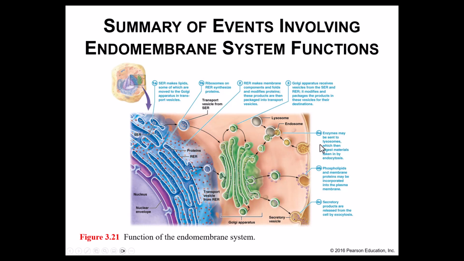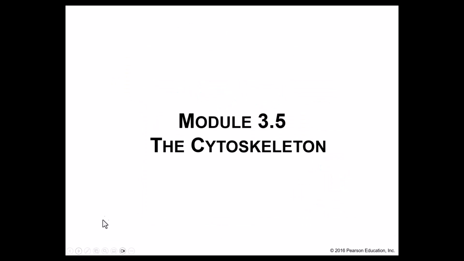They can become part of the cell membrane to add in more of the proteins that we need, either receptors, channel proteins, markers, anything that the cell needs to function. And then we can secrete molecules out, so your digestive system, all the enzymes that are needed are made within a cell and then secreted out of the cell via exocytosis into the digestive system. So that is a summary of our cytoplasmic organelles.